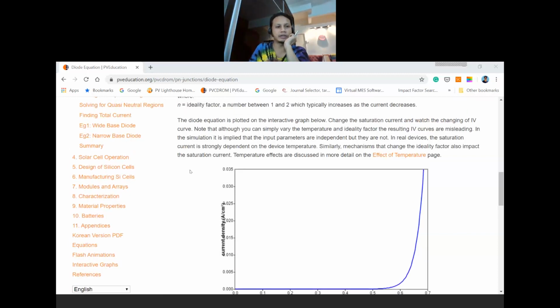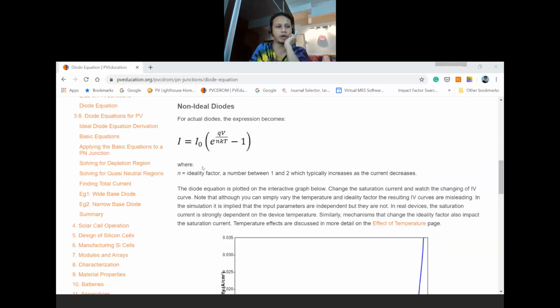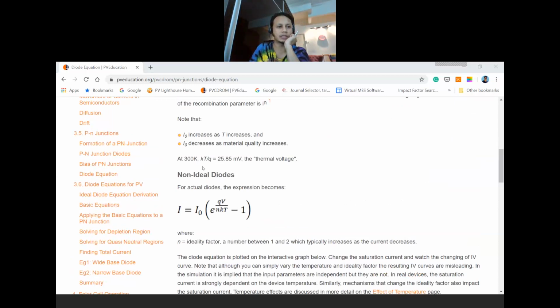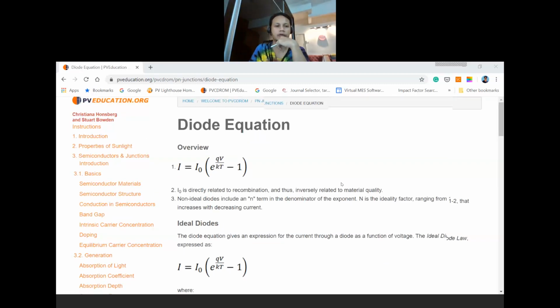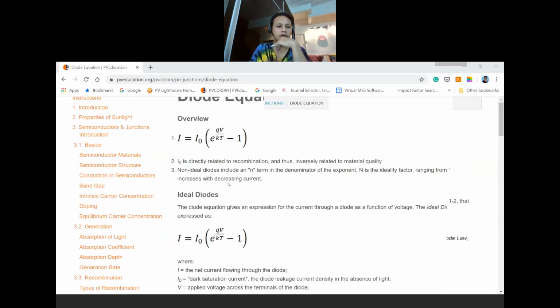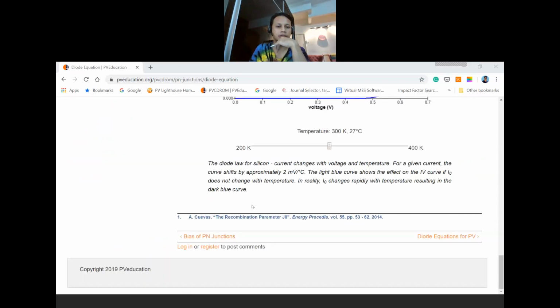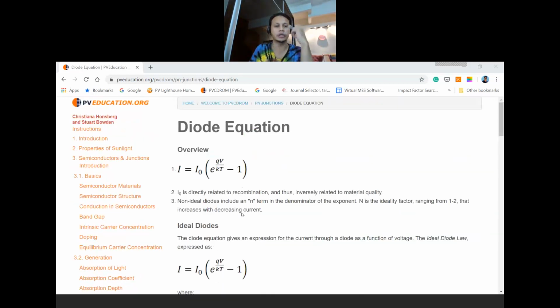So you can check this out in section 3.5, PN junction and the diode equation. You can go up and see a little bit of explanation of the diode equation from the top until down here. You can in fact animate your curve.